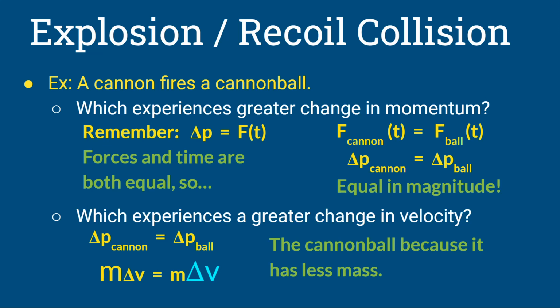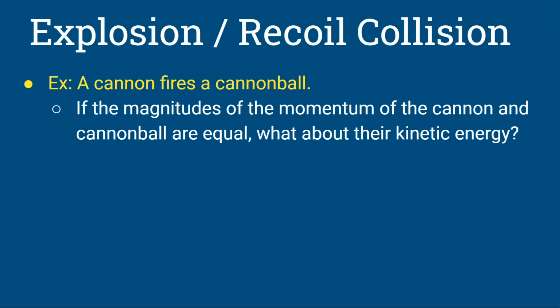Let me ask you kind of a follow-up question with this. If the magnitudes of the momentum of the cannon and cannonball are equal, what about their kinetic energy? Okay, we talked about it in the last two. Let's see, is kinetic energy conserved here? We already know that momentum is conserved.